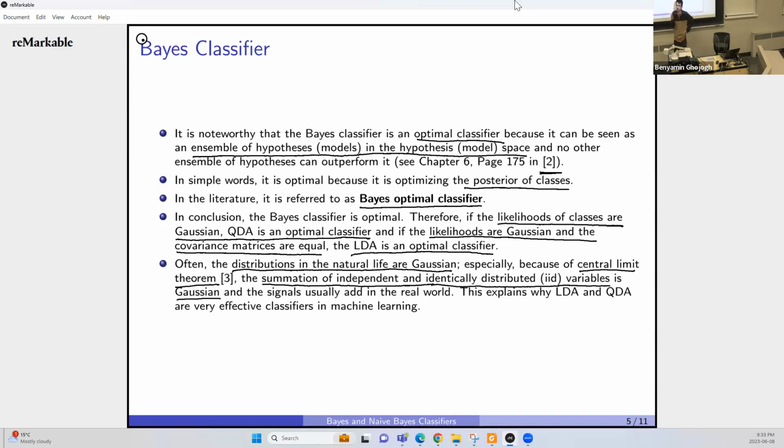So central limit theorem says that, assume you have a bunch of IID variables. If you add them, the distribution of this addition becomes Gaussian. This is proved mathematically. This can be proved. Okay? So when you add a bunch of points, these points might be from different distributions.